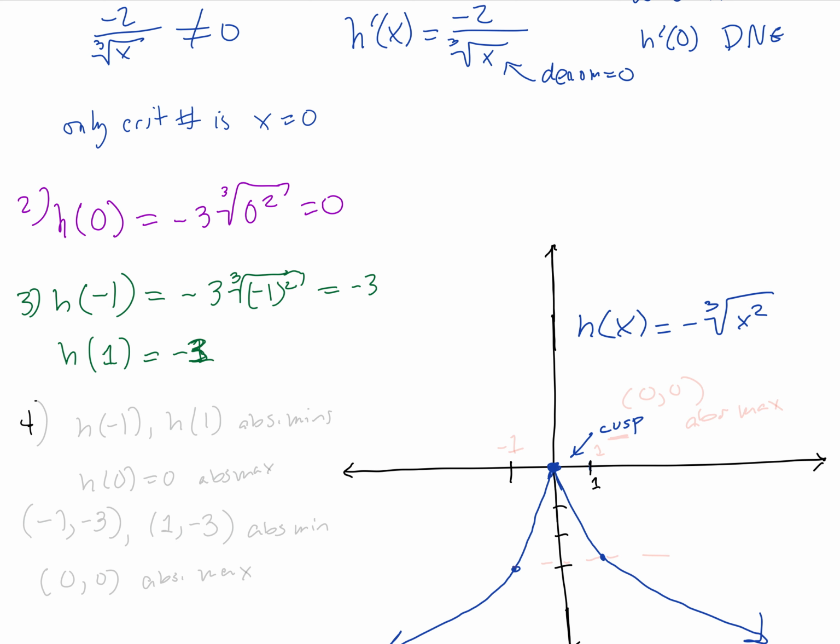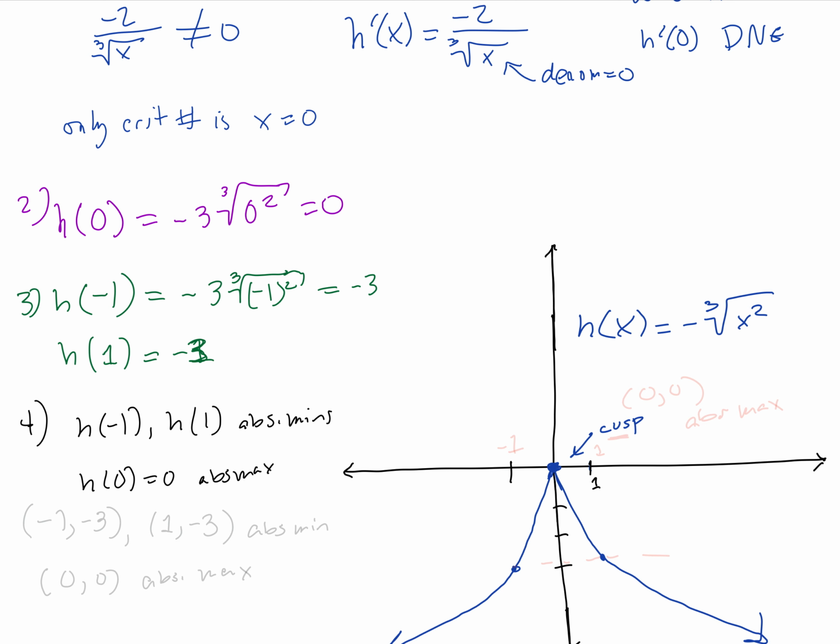And now we just need to compare these values. We see that h of -1 and h of +1 give us our absolute minima, so there are two absolute minima for this. And h of 0 is 0. That was the largest of all the values, and so this is our absolute max.